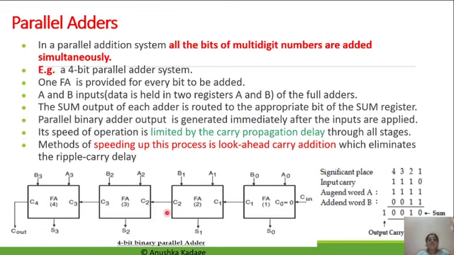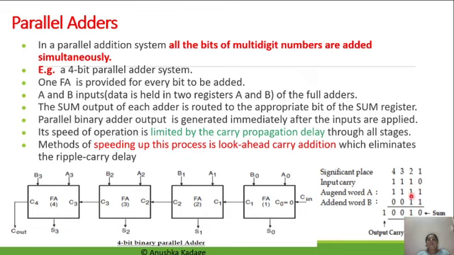But for the parallel adders, one drawback exists, and that drawback is called the carry propagation delay. Until I do the addition process, we cannot say what carry will be generated for the next bit addition. That's why until the previous bit carry is generated, we cannot carry out the full adder operation for the next bits.